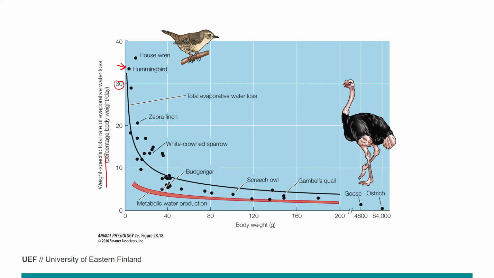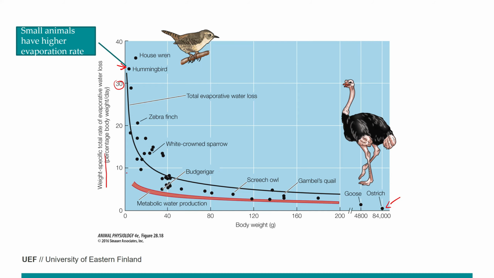And in the other end, we have animals that are not losing much at all. And what we can see that, okay, in these small animals, they have high evaporation rate. And partly it might be related that, okay, they have high metabolism.